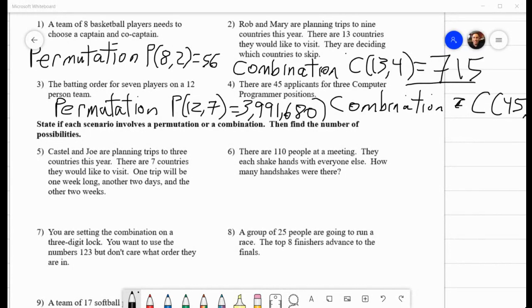In other words, order does matter here, because each trip is different in length. So the order in which they visit the countries does make a difference. The country they visit first, they're going to see longer than the second country they visit. So for this one, we have a permutation.